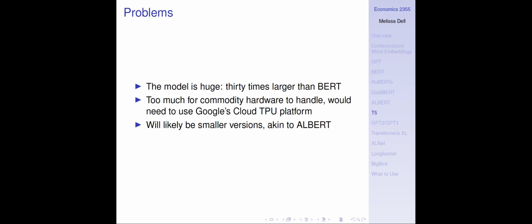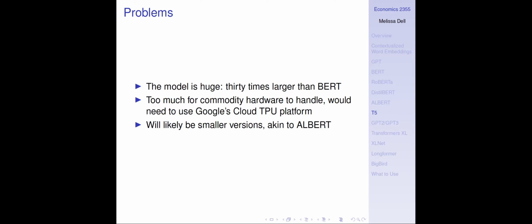No matter how great your computer is, this isn't going to run on consumer hardware. I think what Google has in mind is that you would use it on their cloud TPU service. But obviously there's a cost to that.